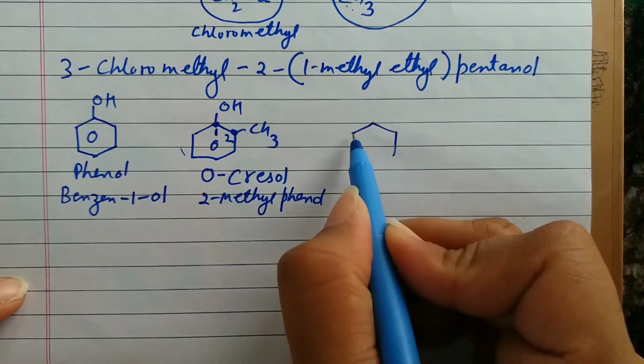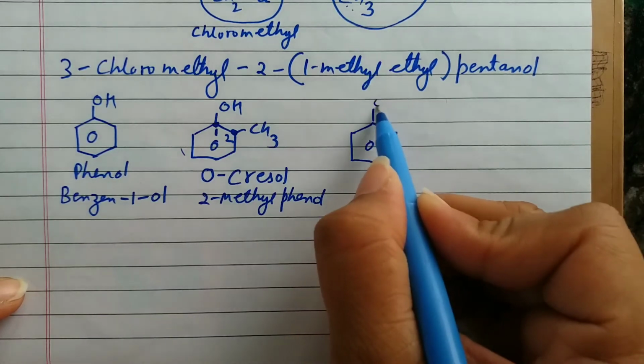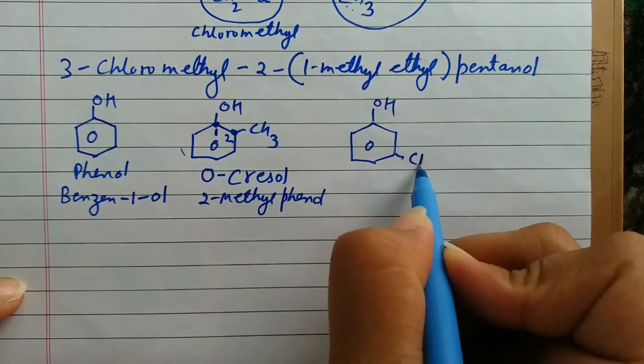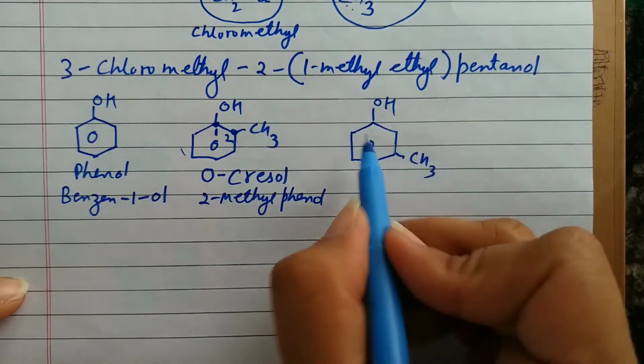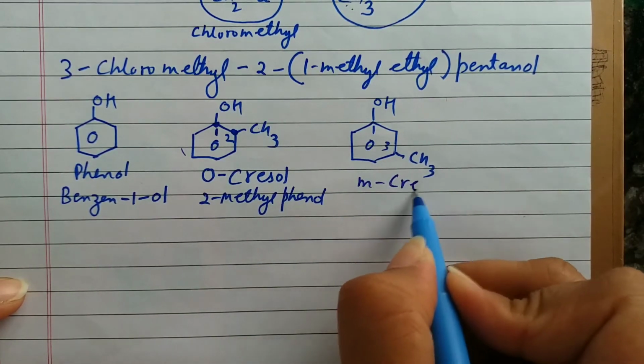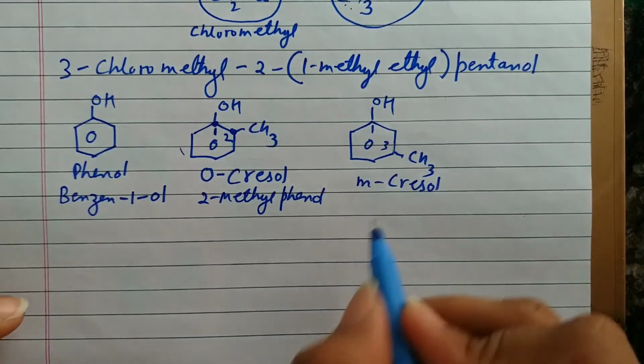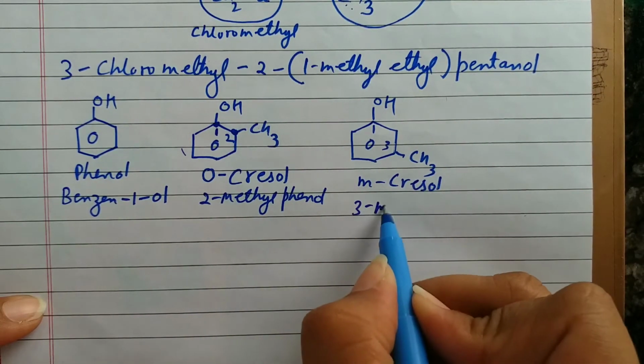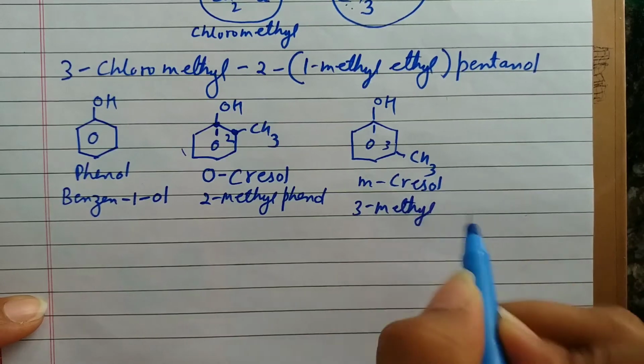Now likewise, if I take this OH and shift the position of the methyl group to this, this is still cresol, but now the positioning is 1, 3, which is known as meta. So this compound in the common system is metacresol, and the IUPAC name is going to be 3-methyl phenol.